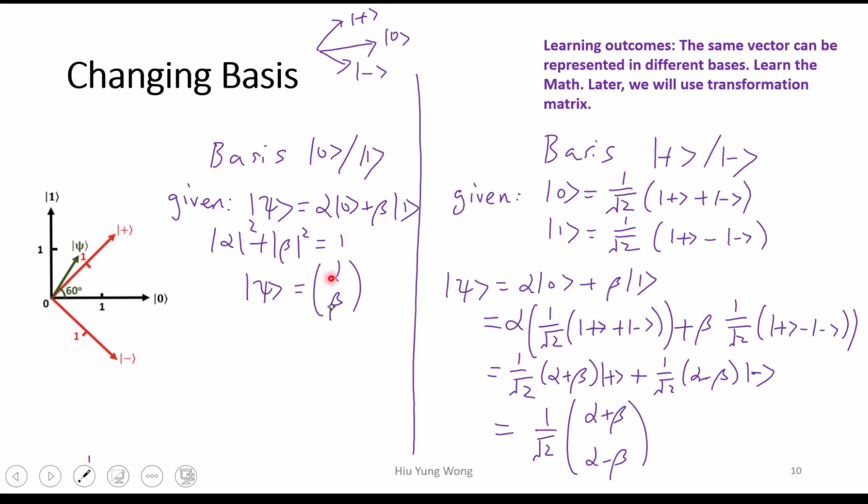Because this means alpha part of 0, beta part of 1. In this one I have alpha plus beta part of, not 0 or 1, none of them, right? Plus. I have alpha minus beta part of minus. And remember, not just alpha plus beta, but 1 over square root 2 times 1 over square root 2.